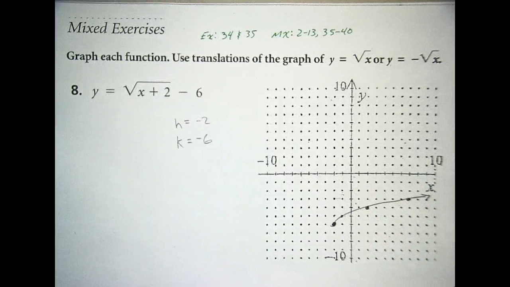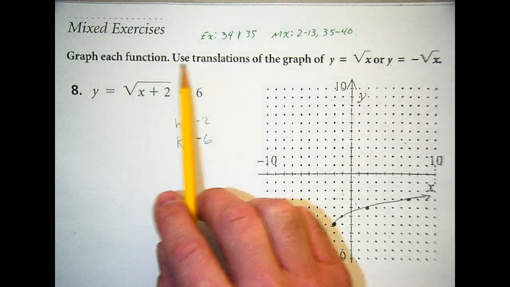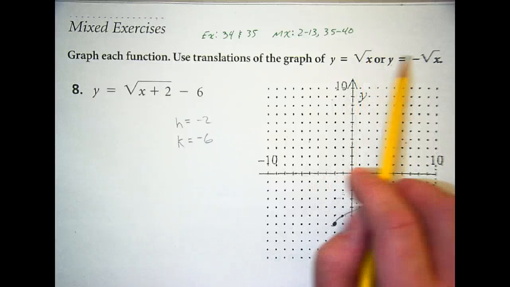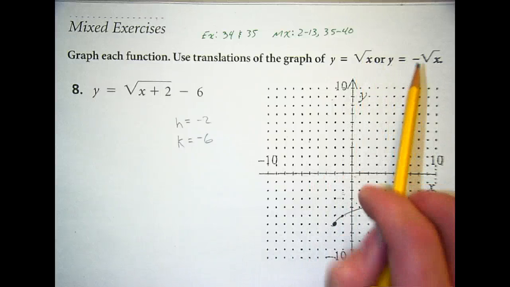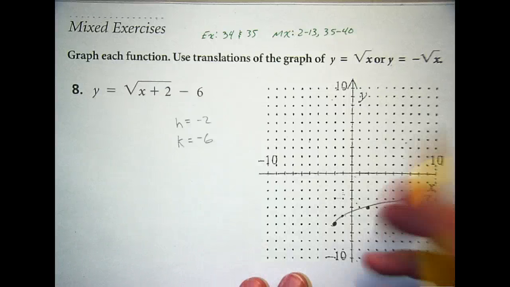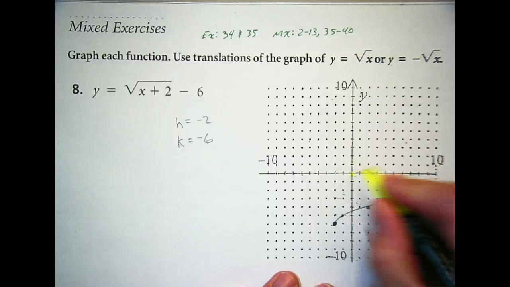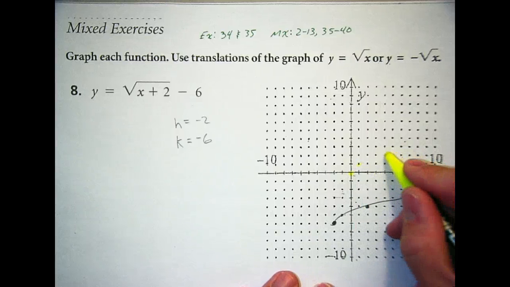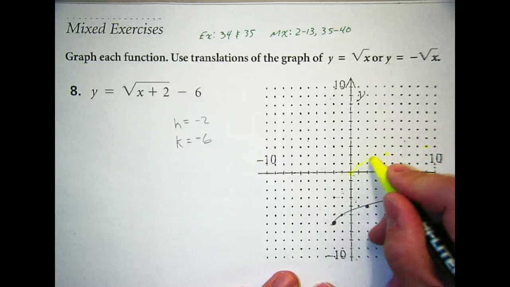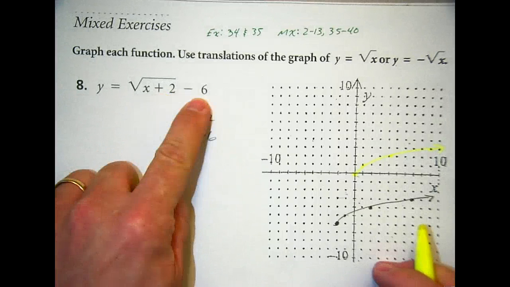Nothing to this, man. Now, this gives some weird directions, though. It says use translations of the graph y equals root x and y equals root negative x, or negative root x. All that's saying, in other words, is if you had the parent function, y equals root x, how do these things shift it?